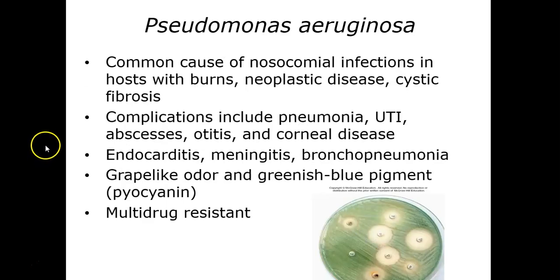And the major virulence factor that it produces is known as exotoxin A. And exotoxin A works to inhibit protein synthesis in the host cell. So it does have the ability to target and destroy the cell that it's infecting.